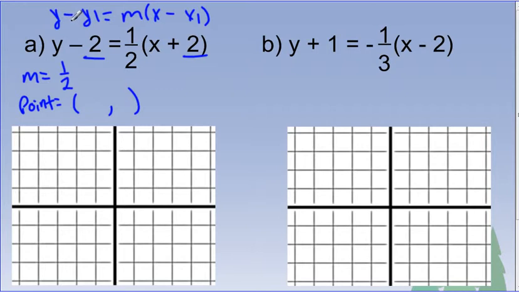This minus sign has to be here. So the y value is 2, but the x value is not 2. The way we got this plus 2 is that this was actually a minus a negative 2.